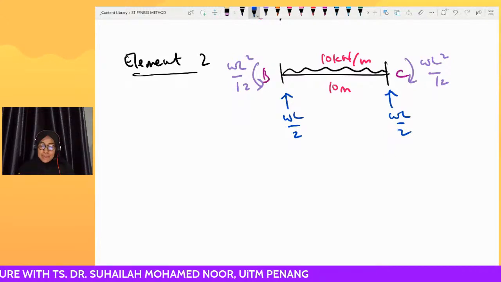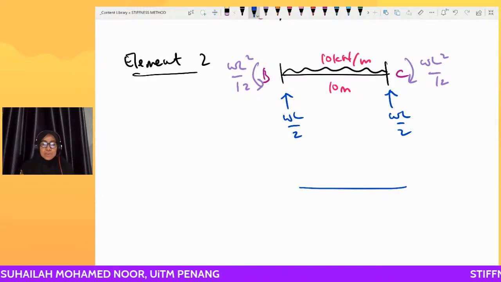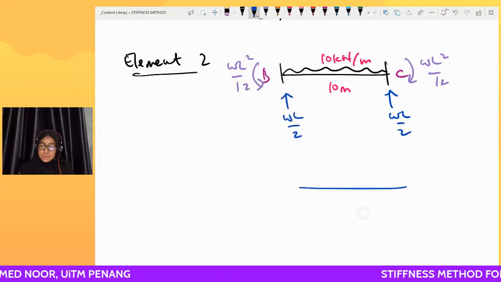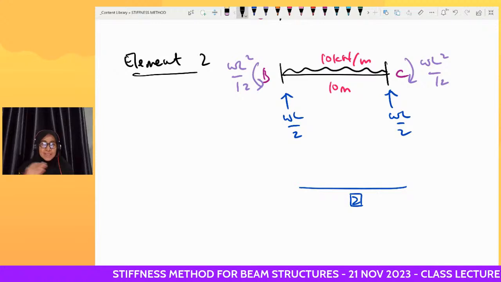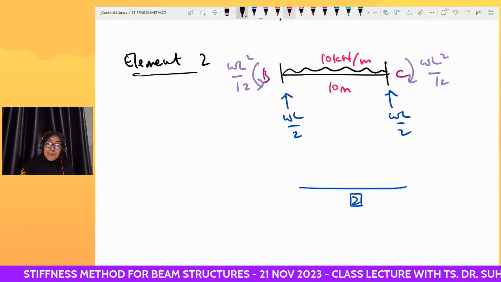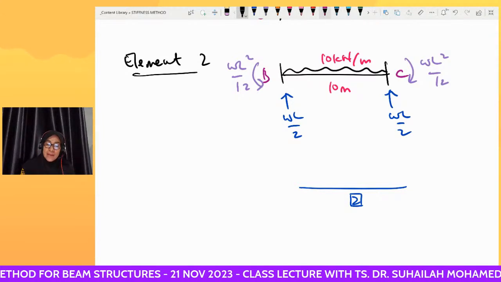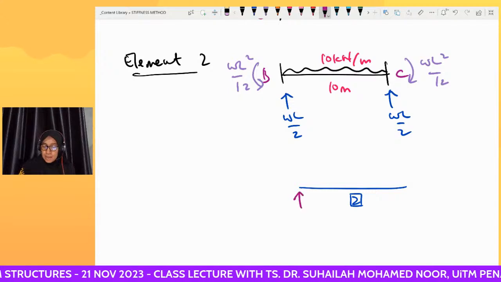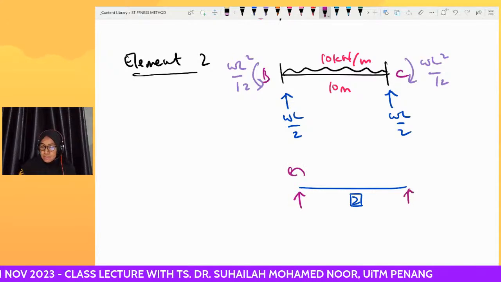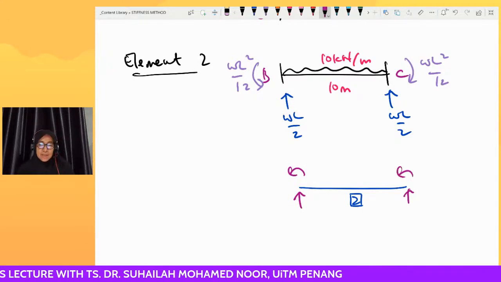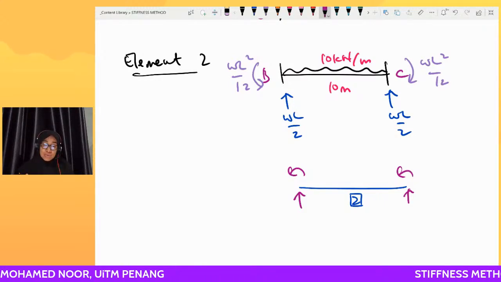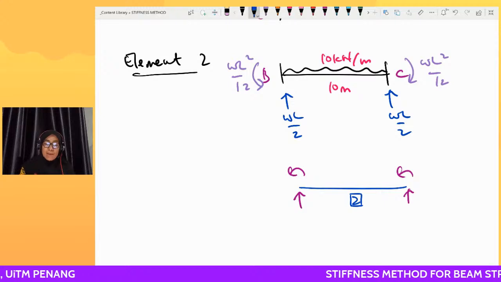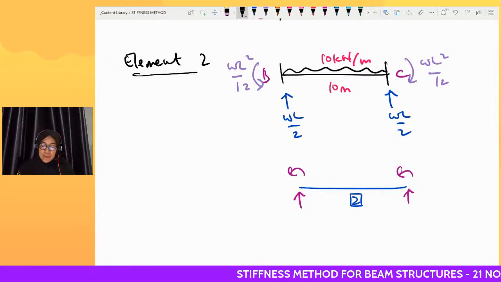This is element number 2, A and B, B and C. The degree of freedom label that we use is 5162, same as the K2 label.